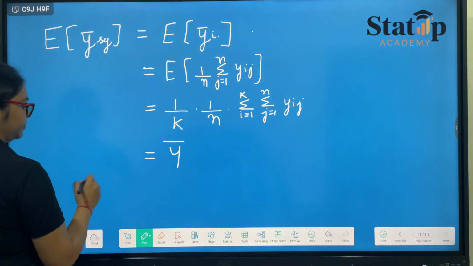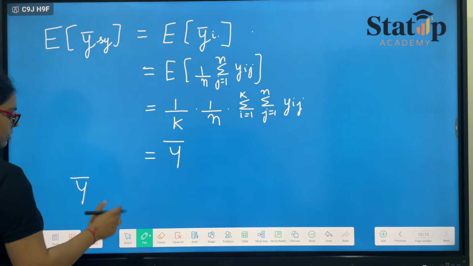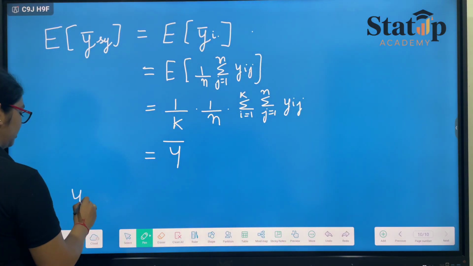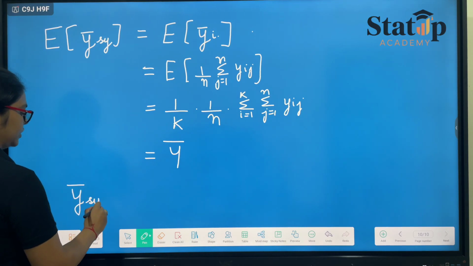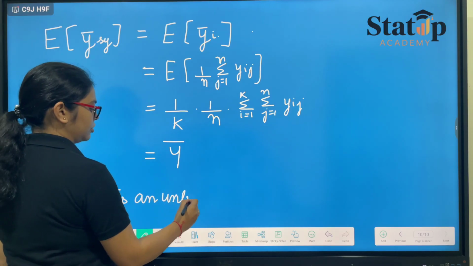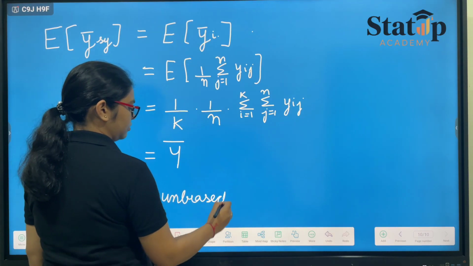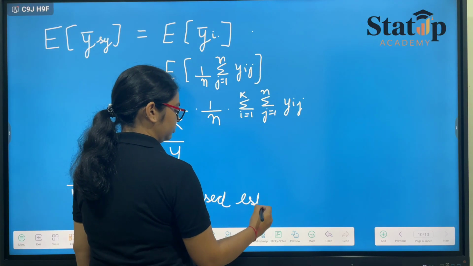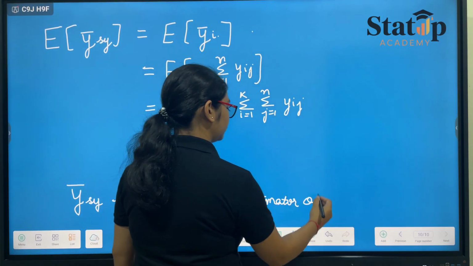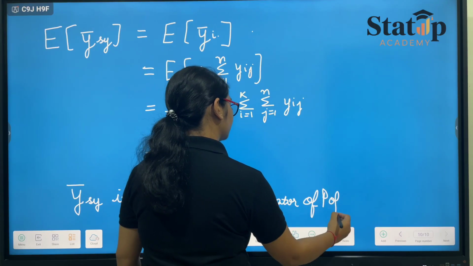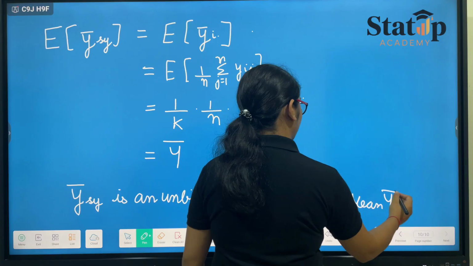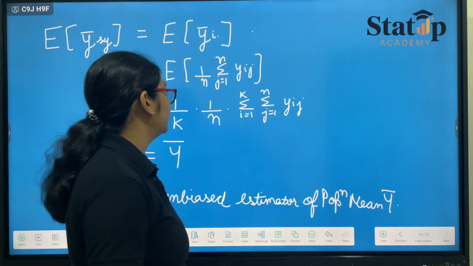So we can say that the sample mean of systematic sampling is an unbiased estimator of population mean, capital Y bar.